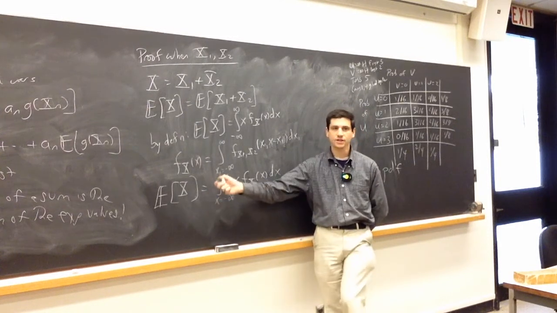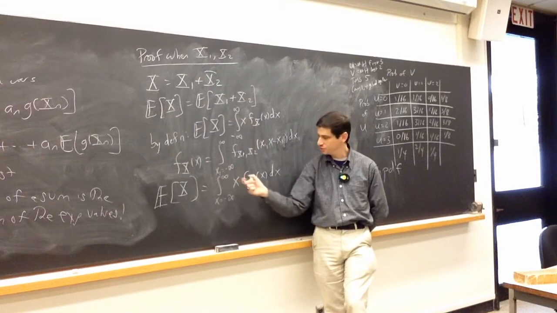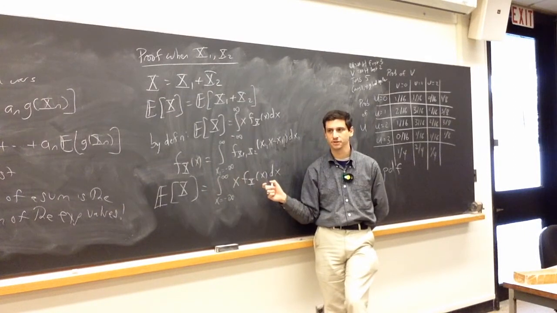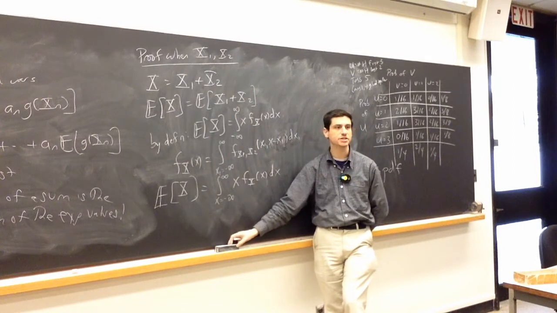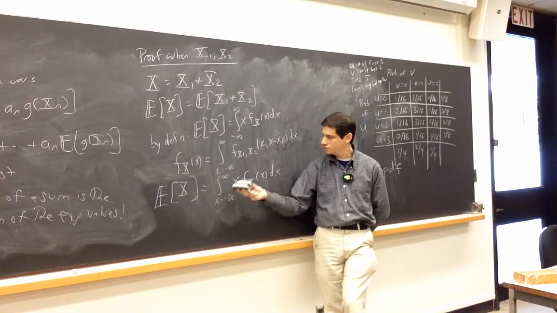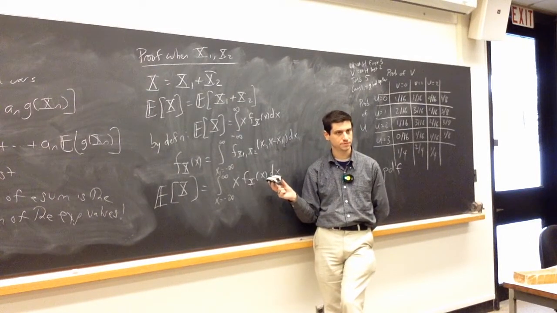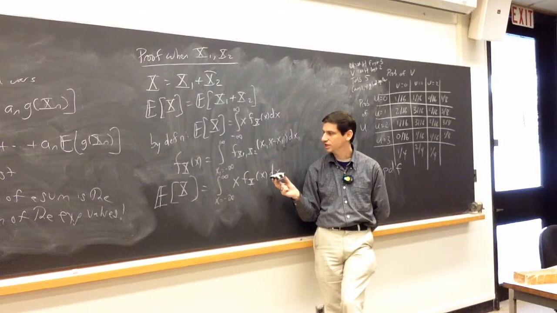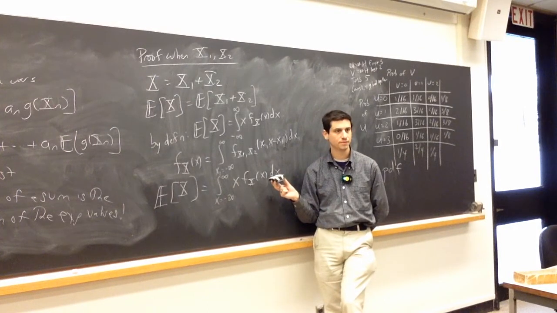How do you find the expected value of a random variable? You integrate the values times the density. And here I now have the density. I'm getting the density from the joint PDF. So I just have to do this integral. What's the most natural thing I should do now? What should I do if I want to try to evaluate this integral?